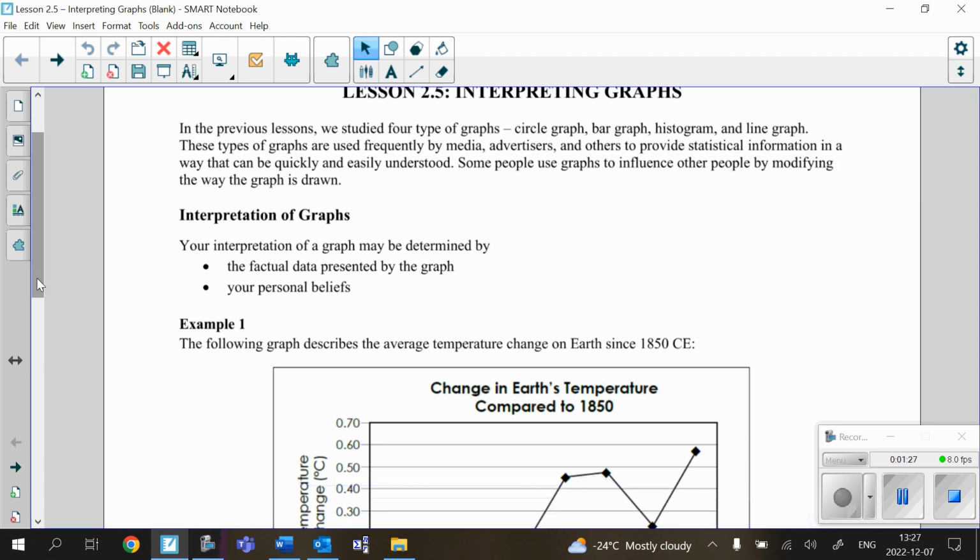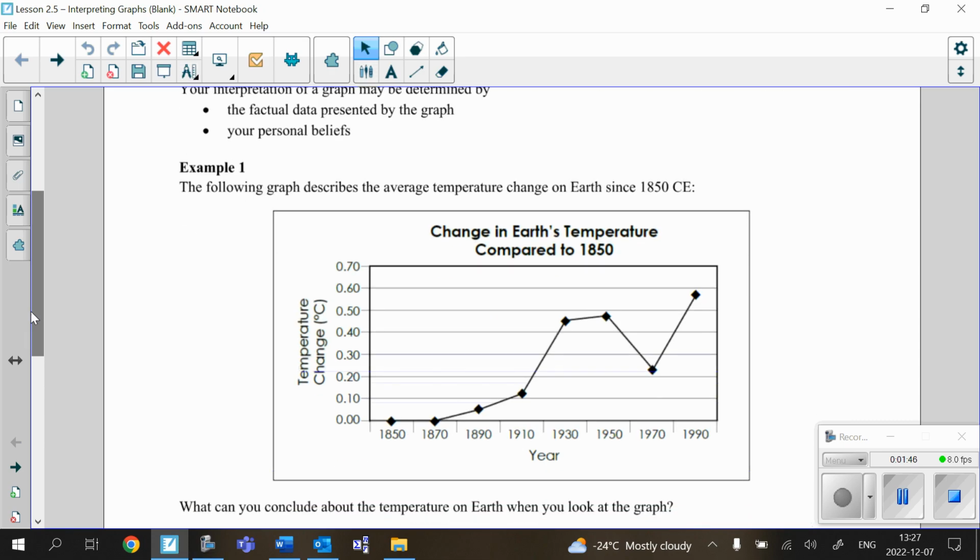So your interpretation, a lot of the times, is just looking at the graph and pulling the factual information off the graph, which is those questions like I asked you in that last hand-in assignment. So if I said to you, what was the temperature change in 1870 according to this graph? 0.